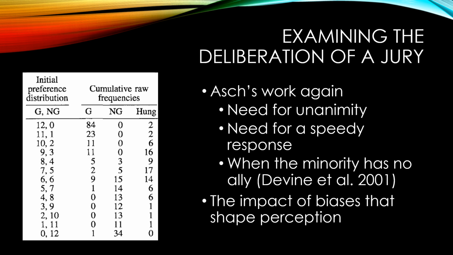This was also true for a 10-2 breakdown and a 9-3 breakdown, even though, if you look at that fourth line, they often reported more hung jury cases than guilty cases. But in all of these situations, the minority, the people that didn't believe the person did it, were not able to sway the group and move them to their side.